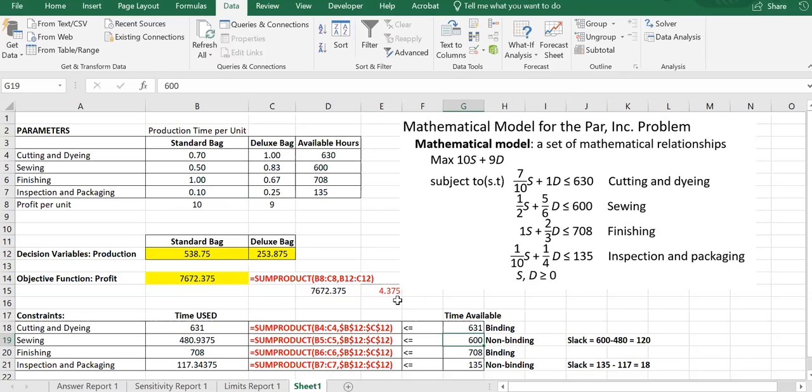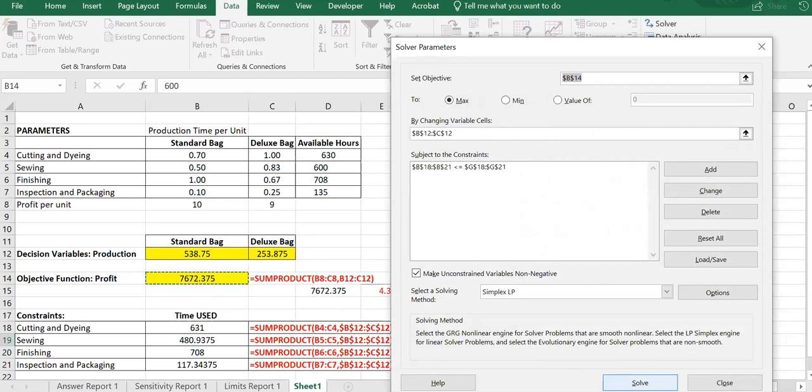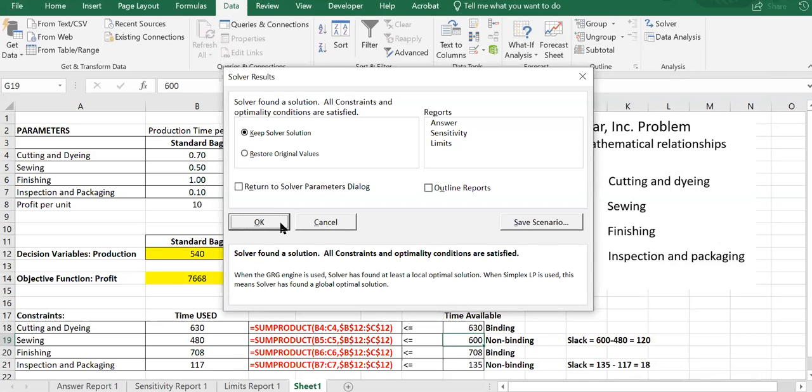That 4.375 is here. And this is exactly as we anticipated based on our solver.